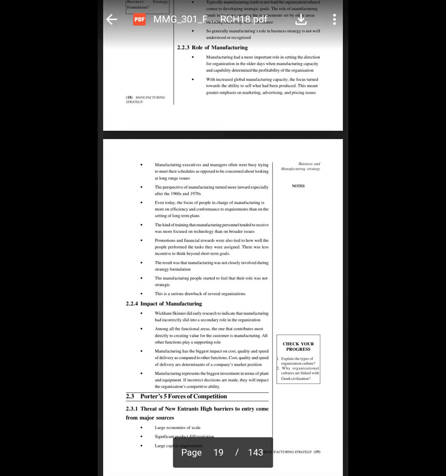This is the arena where manufacturing business started booming in each and every sector. You can take the example of manufacturing of cars, tools, and textile business.